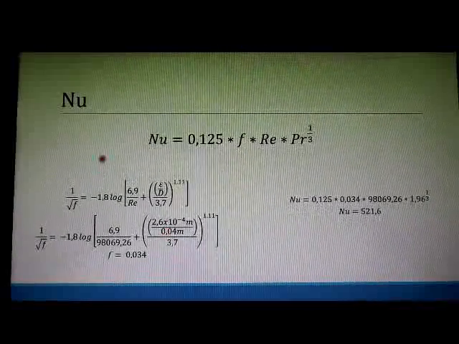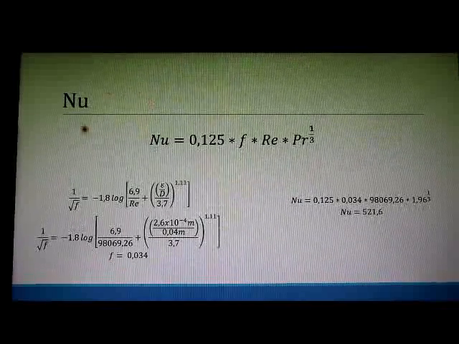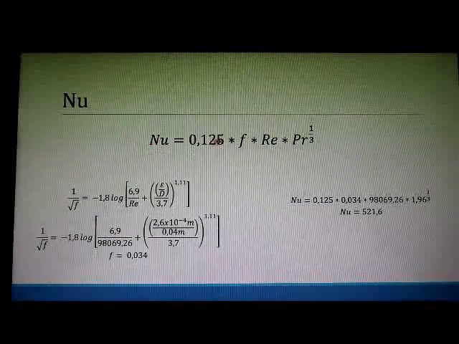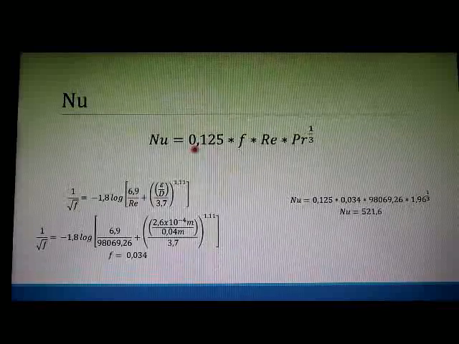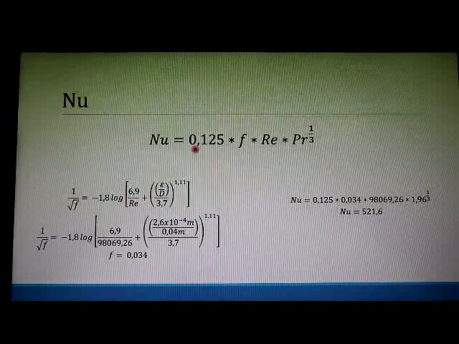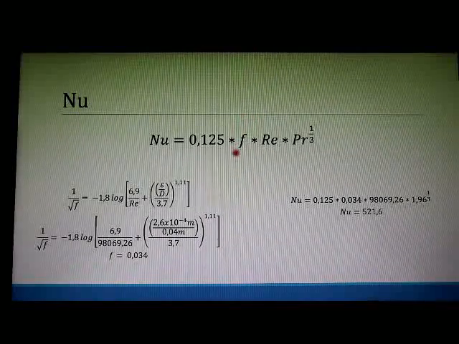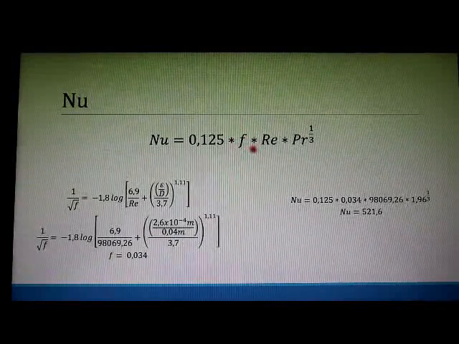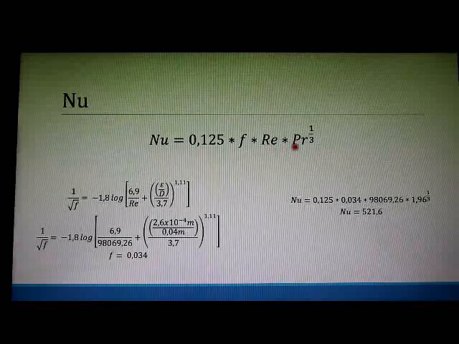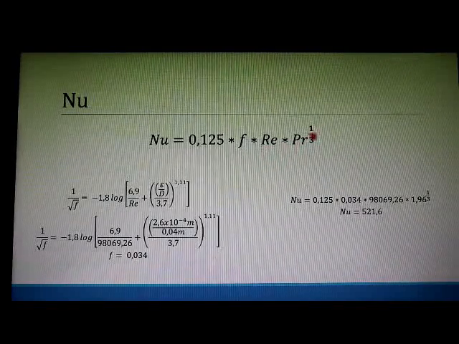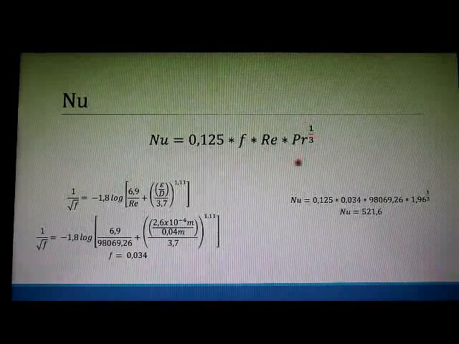Then we have to find the Nusselt number. Nusselt number is related with this equation: 0.125 times the friction coefficient times Reynolds times Prandtl to the 1 divided by 3.